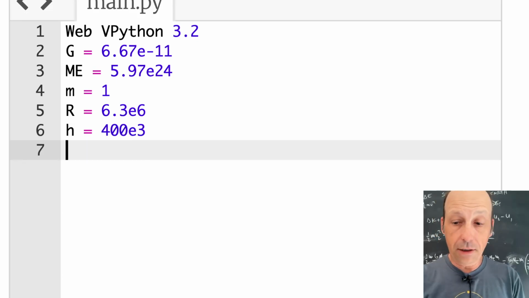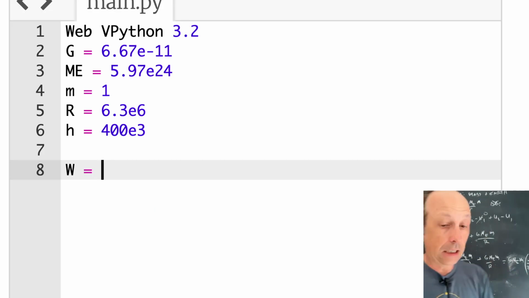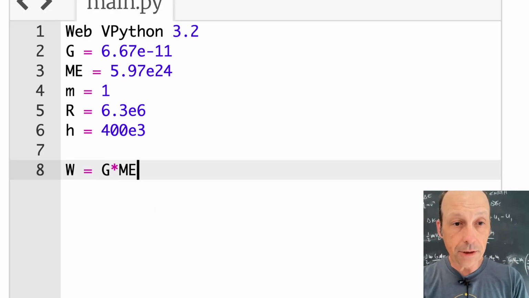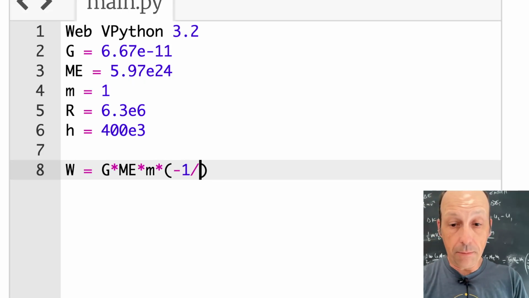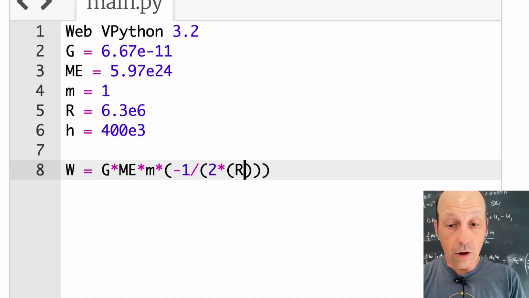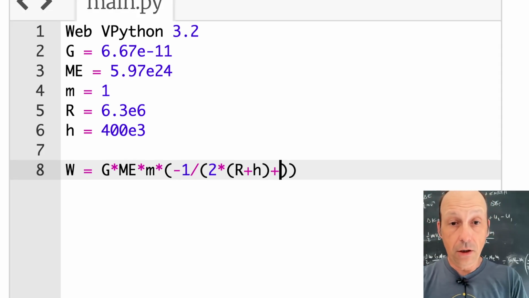Okay, let's just put it all in now. So work is going to be equal to G times Me times M times negative 1 divided by 2 times (R plus H). You see how it's the same thing as the equation, and then plus 1 over R, and we can print that.